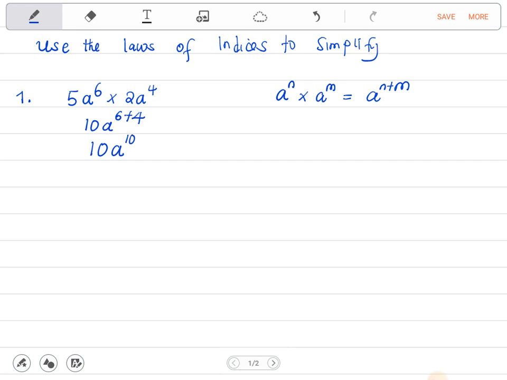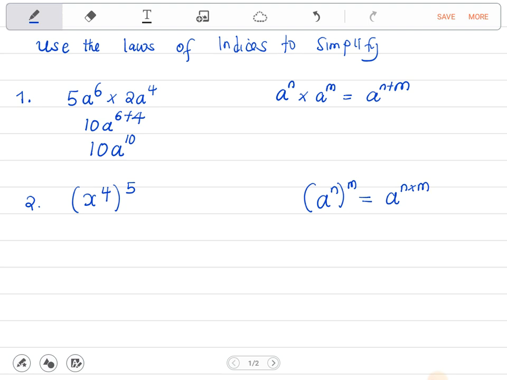Question 2: we have x to the power 4, and then to the power 5. So if you have, let's say, a to the power n, then to the power m, this is just the same as a to the power n multiplied by what? m.